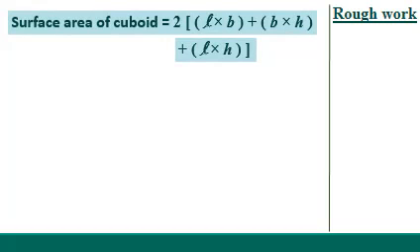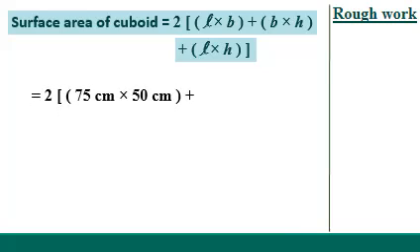And within this formula, we can see that 2 is getting multiplied by the sum of the product of length and breadth, then breadth and height, and at last length and height. So all of these measurements are already given in the question. So we are going to simply put the values over here in this formula.